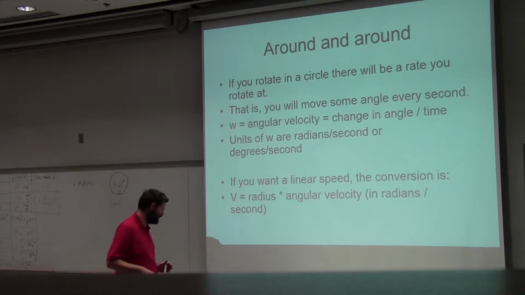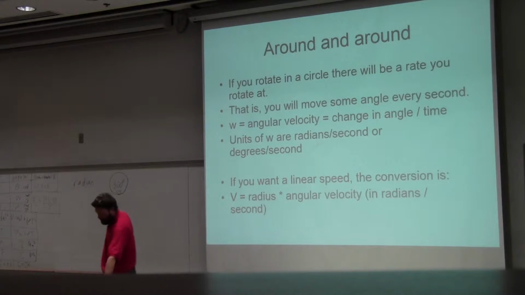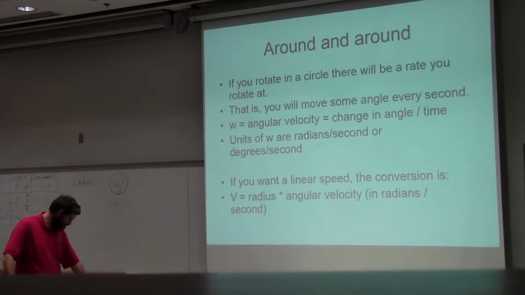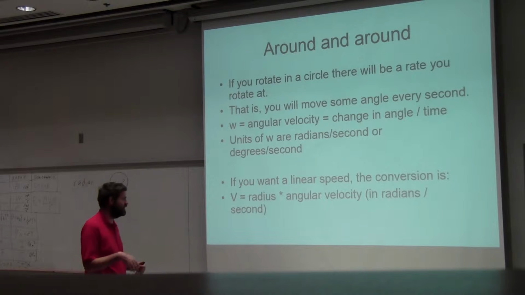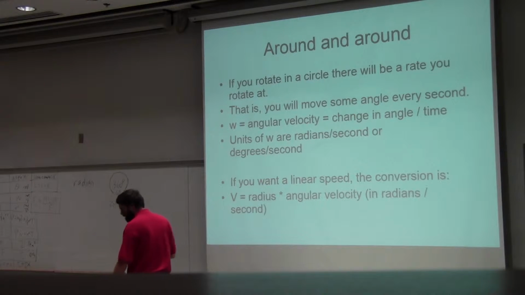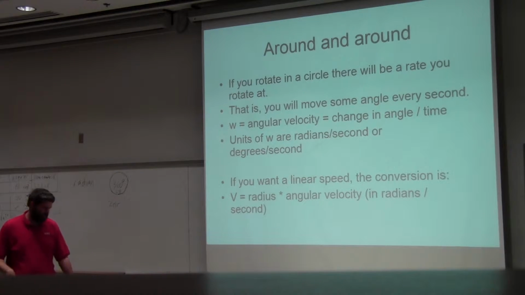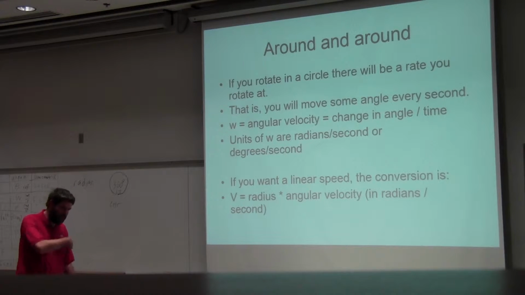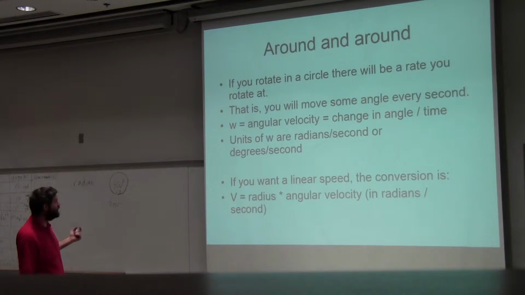So if I'm doing this, my center is about here, my distance to the center is about, say, half a meter, that would be my radius. And it's taking me about, what, 2 seconds to go around, so my angular velocity would be 2 pi radians divided by 2 seconds, so about 3 radians per second. My linear velocity would then be 3 times 0.5, which would be about 1.5 meters per second.